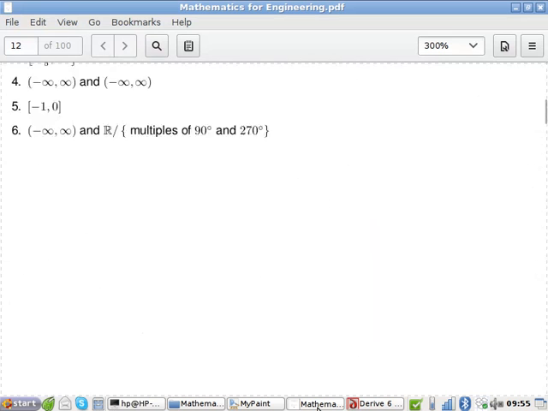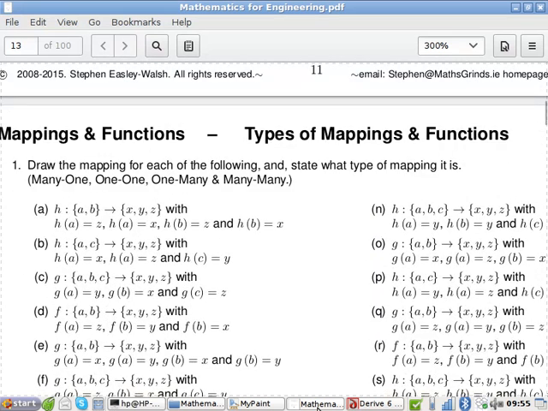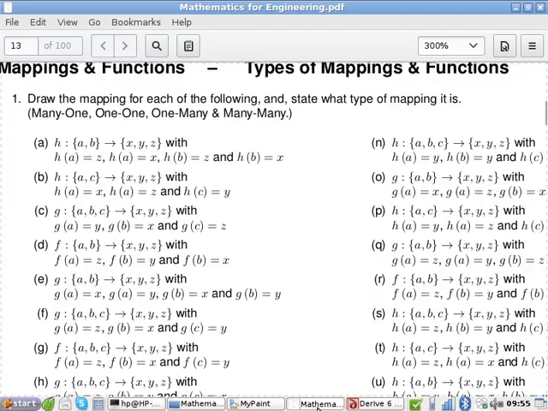What lesson are we on now? Wait. More questions? Ah, no. That's enough of a tutorial. Chain rule.